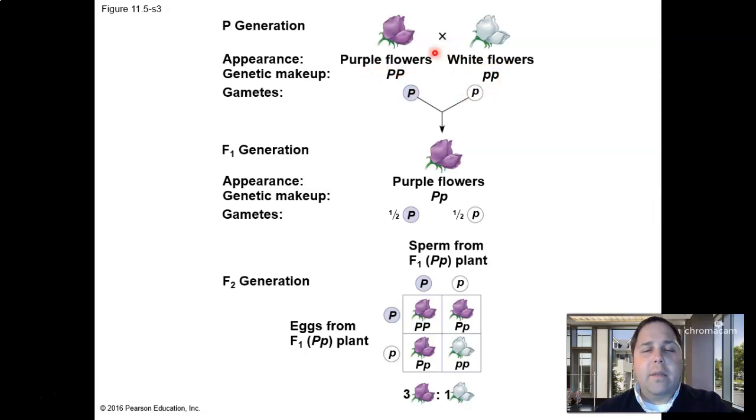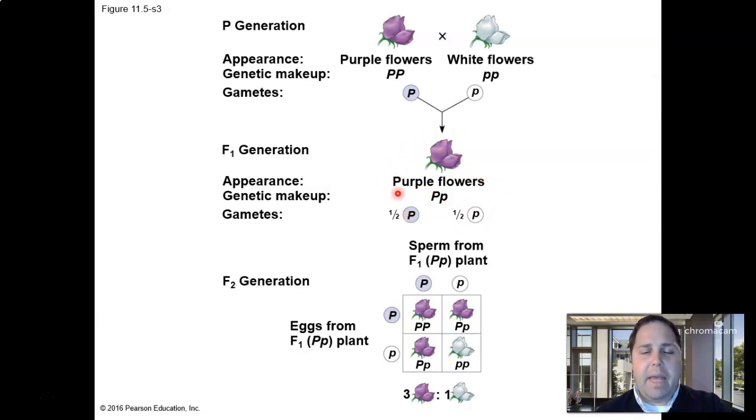When these cross, when we make an F1 generation, the only gamete that the purple flowers can give is a big P. The only gamete that the white flowers can give is a small p, and so all of the F1 generation have a big P and a little p.